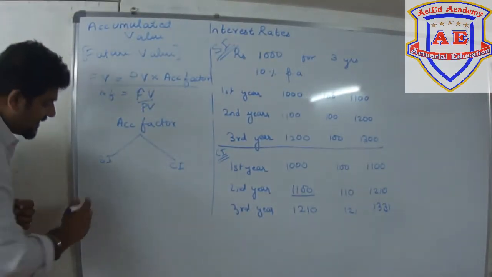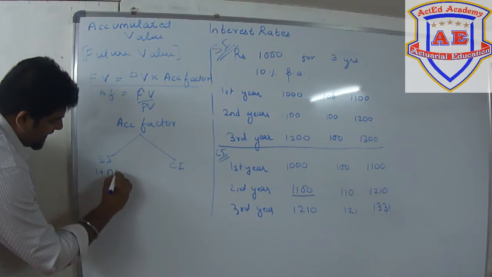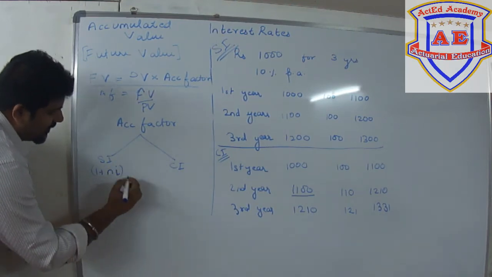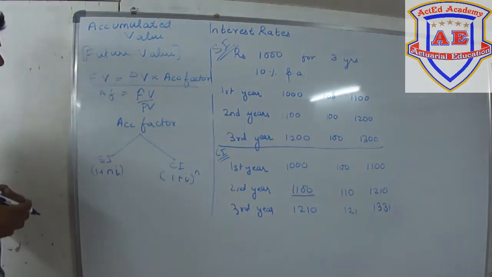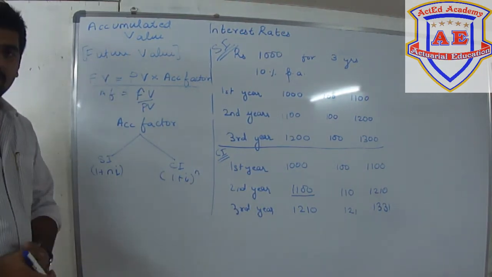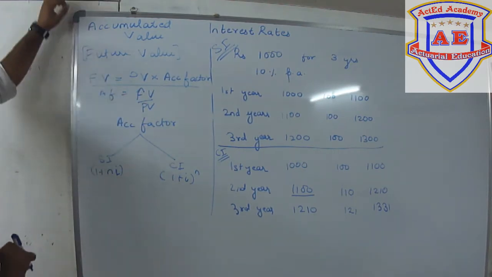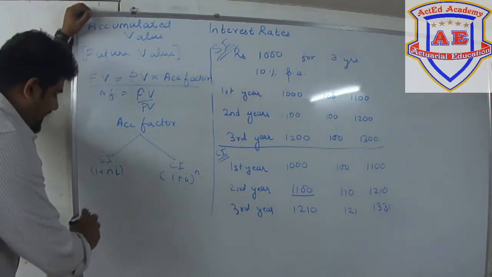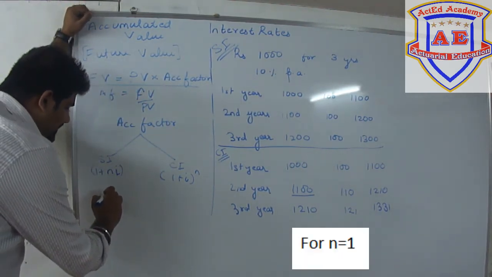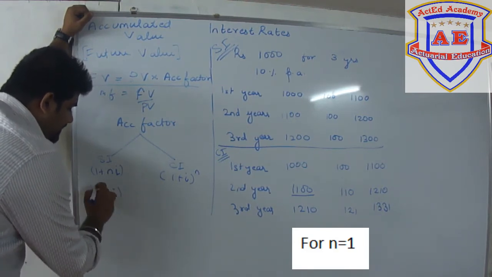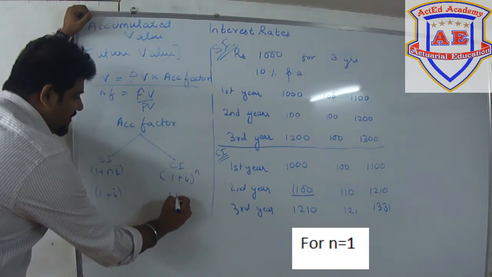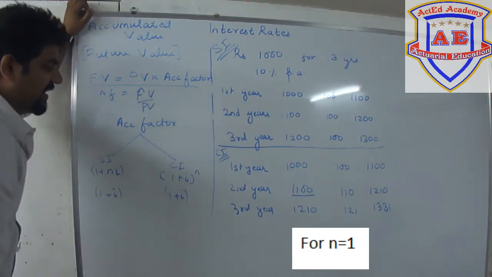Now, simple interest says your formula is 1 plus ni, and compound interest says it is (1 plus i) to the power n. Let us test the validity of this. Let us say I have this for 1 year. So I'll be having 1 plus i, and over here I'll be having (1 plus i) to the power 1, again 1 plus i.